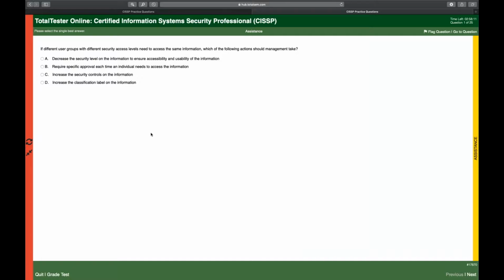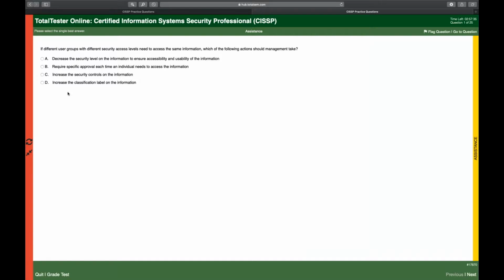So Alpha, decrease the security level on the information. That one's not right. Charlie, increase security controls on the information. That's not too bad. Delta, increase classification labels on information. Actually, I think I'm going to go with Charlie, increase the security controls on the information.